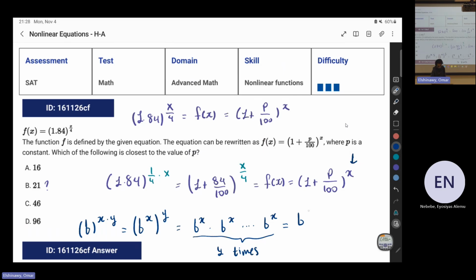So we can just write b to the power of x plus x plus x and so on, also y times. If this step is not clear, I can explain it in the same fashion like this one, but you need to let me know.